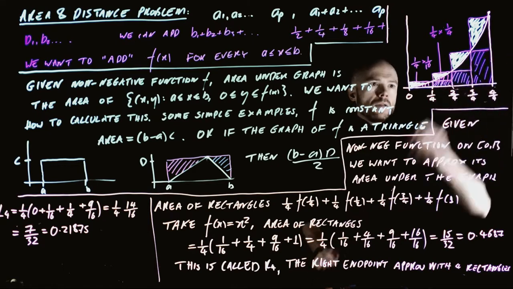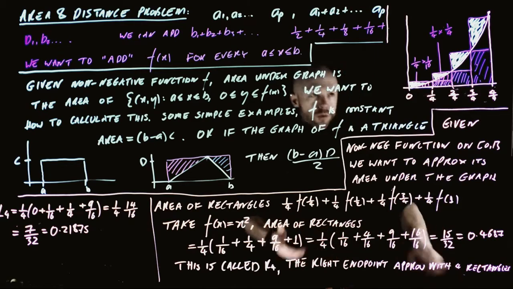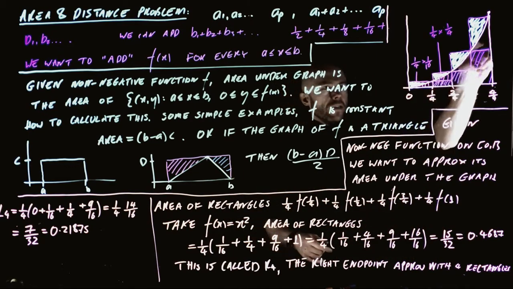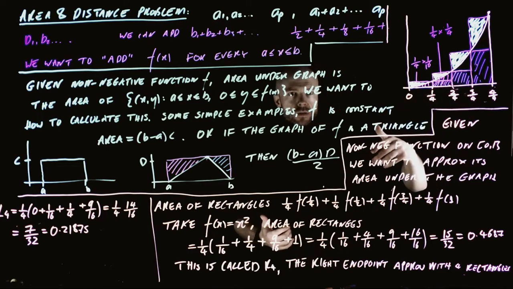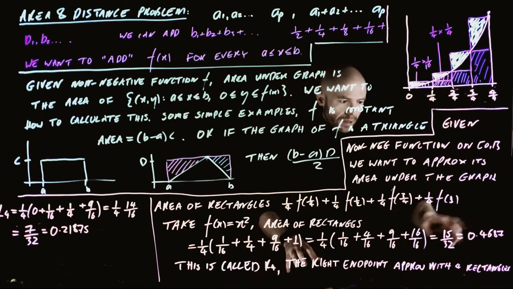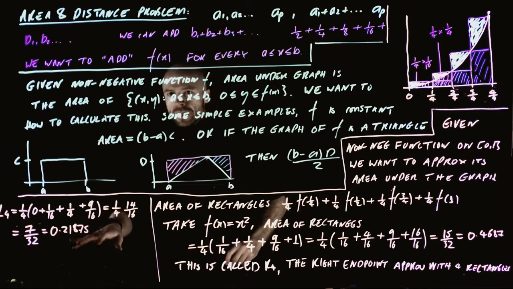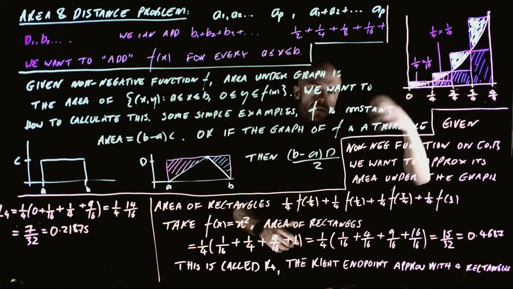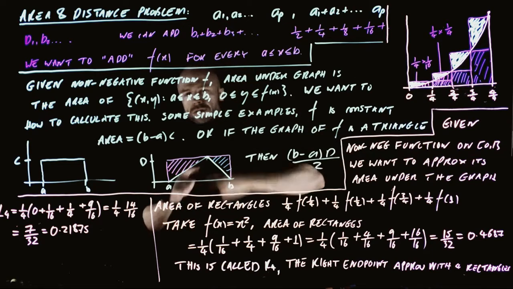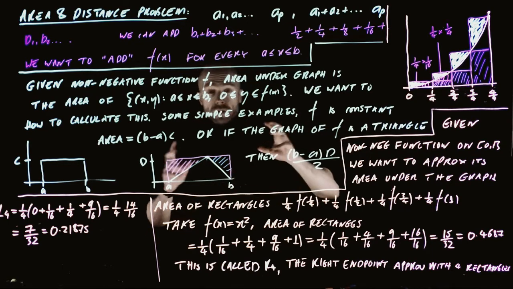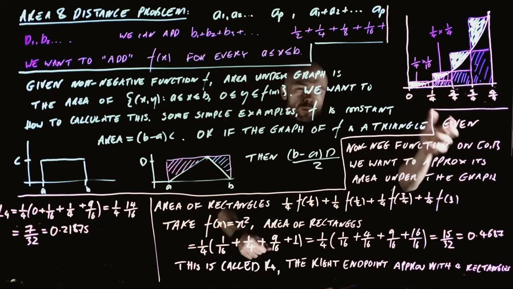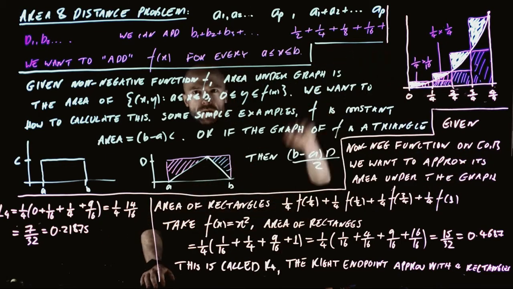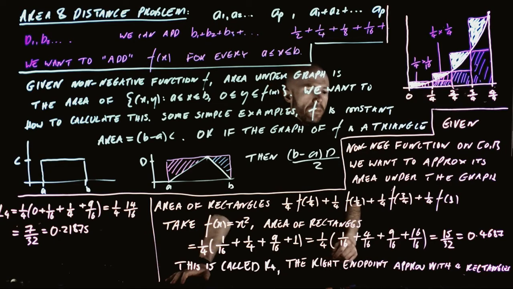Yeah? And then we are not counting everything. There are pieces here and here and here that are not being counted. So this thing right here is an overestimate. This thing is an underestimate. That is just because of the nature of this particular graph. Later we'll learn about what kind of graphs give over and underestimates, but don't think it's always going to be the case that the right endpoint's over and the left endpoint's under. That's completely not the case, and you can draw some pictures to see for yourself.